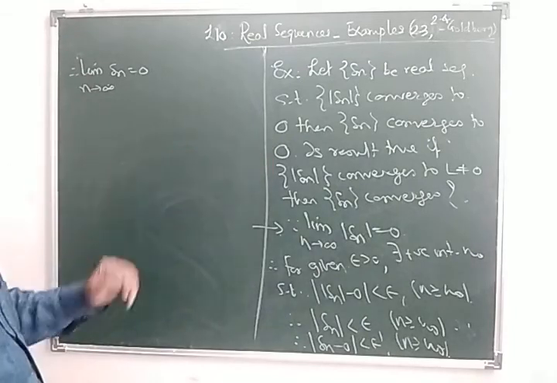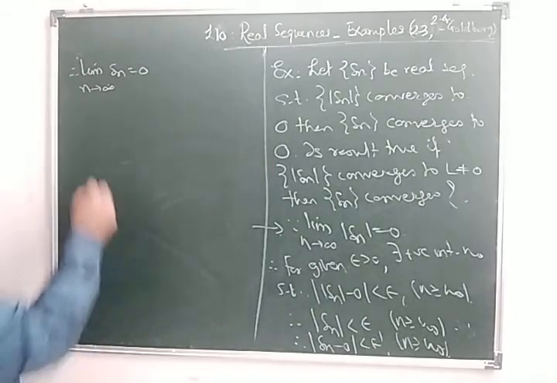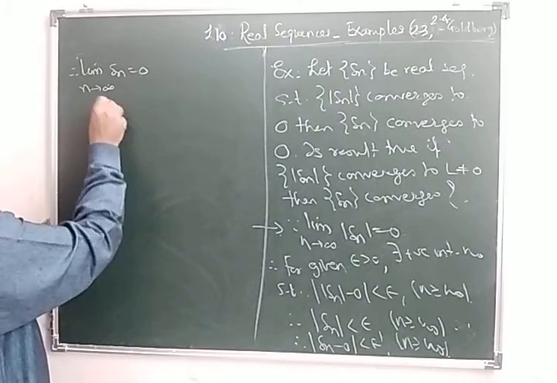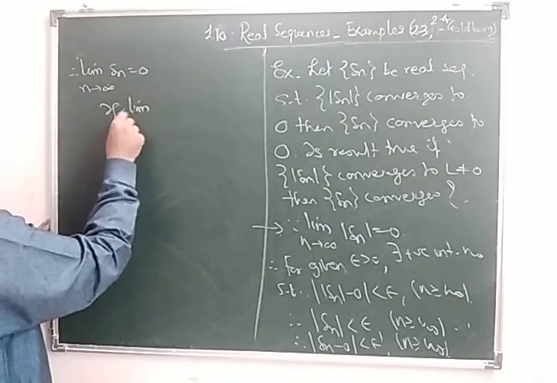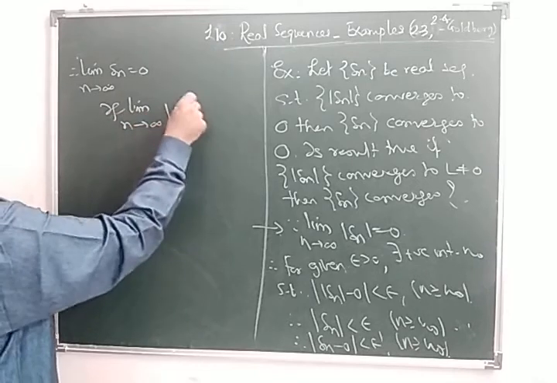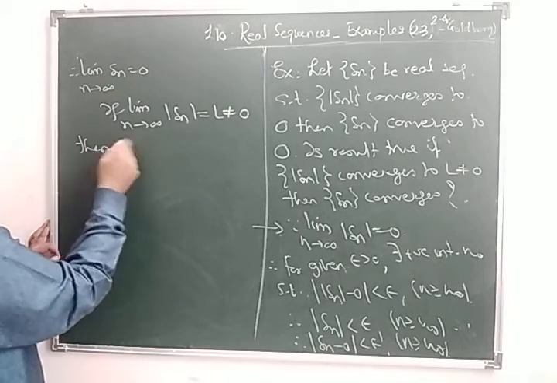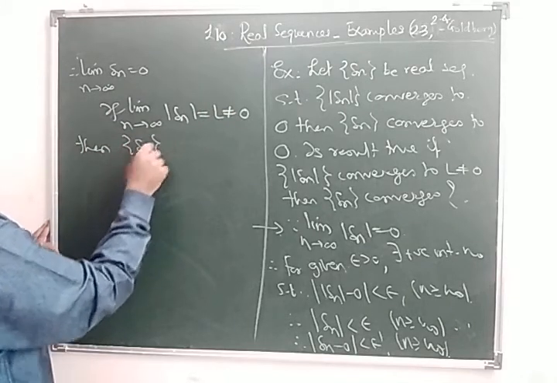Now the second part: if the limit of mod Sn is L not equal to 0, then Sn may not be convergent.